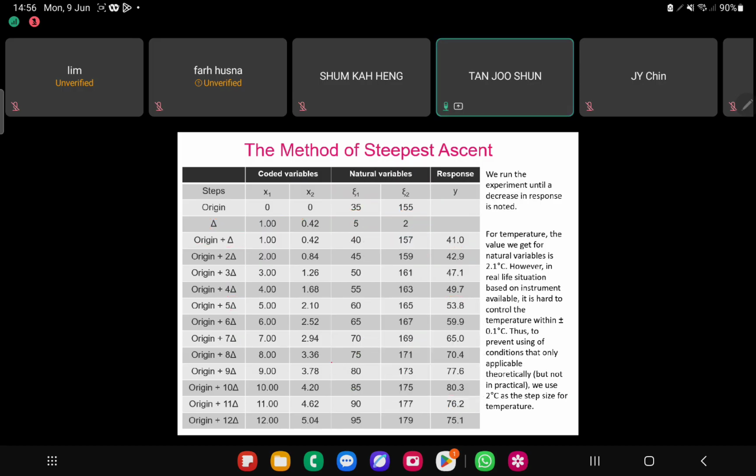I know that this range is the one that I can use for optimization. Okay, 80 minutes and 90 minutes, this range, 173 and 177.